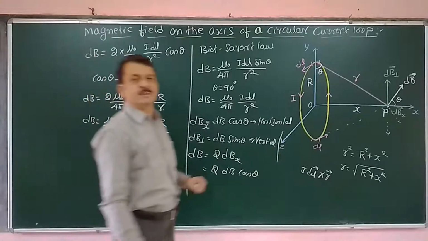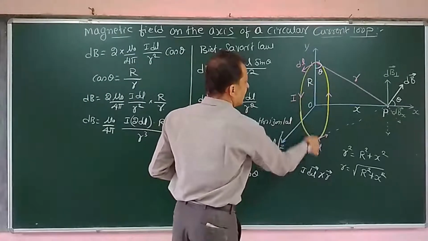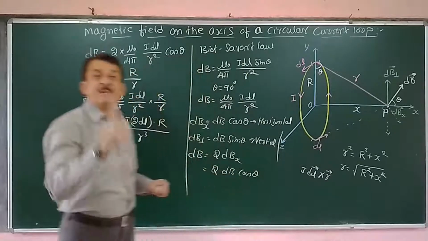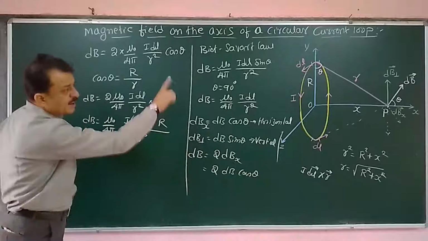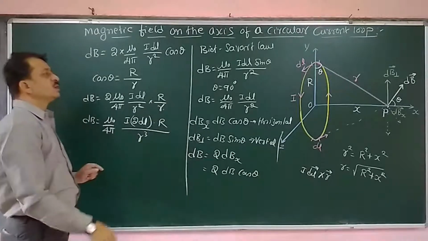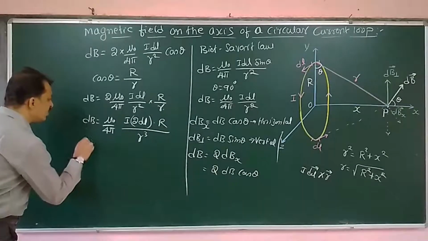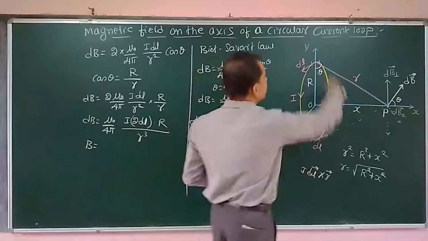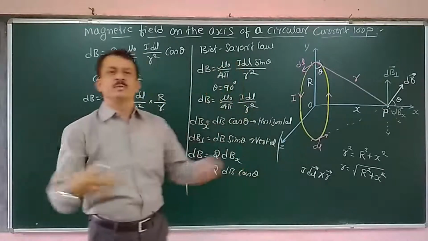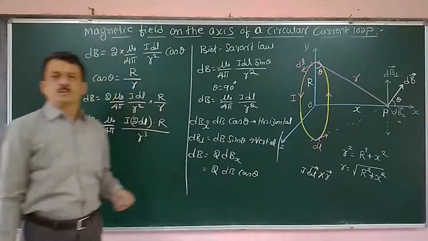Among those, we have taken a diametrically opposite pair of current elements. So this is the magnetic field due to a pair of current elements. Then the total magnetic field due to the entire loop means we have to make use of the principle of superposition.